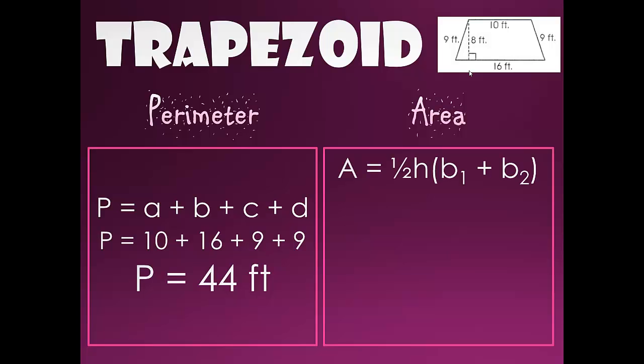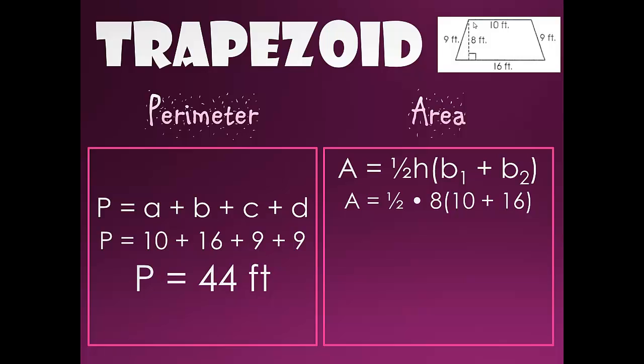The formula for the area of a trapezoid is the area equals 1/2 times the height times the sum of the bases. B1 and B2 represent each base, and the H represents the height. For this problem, our two bases are 16 and 10, and our height would be 8.